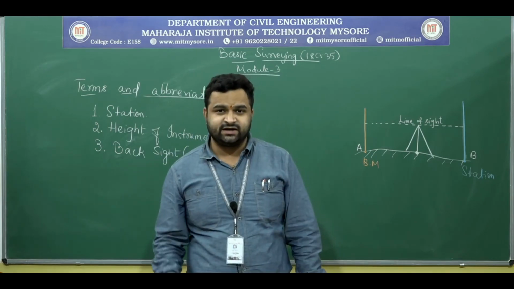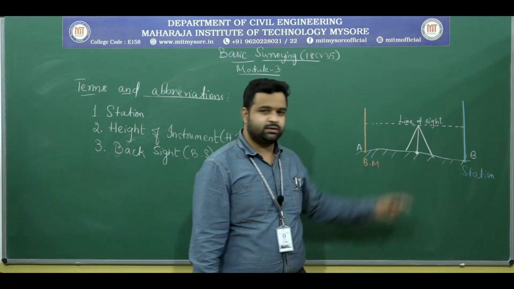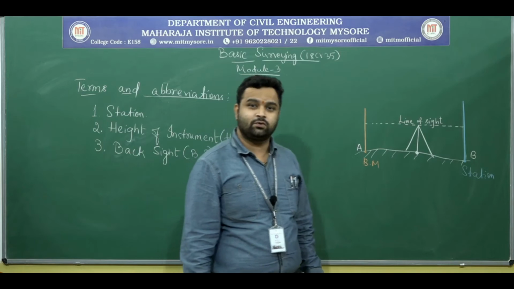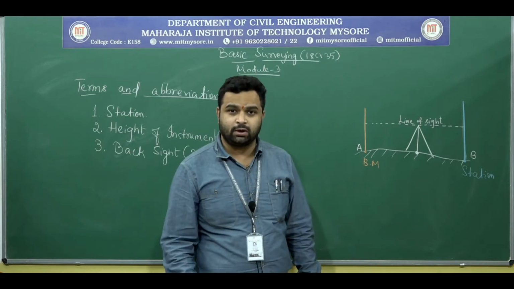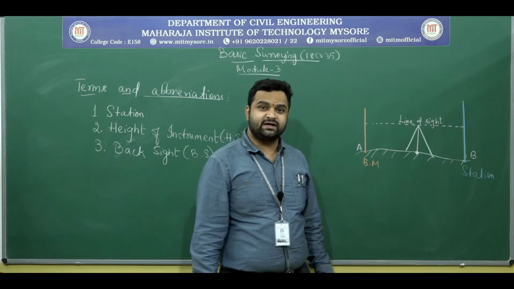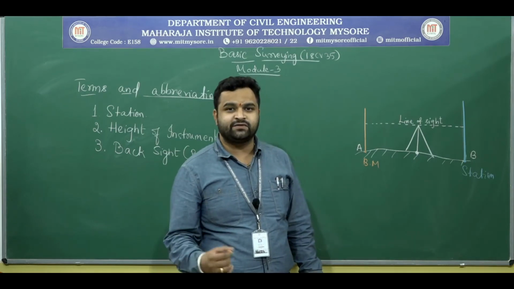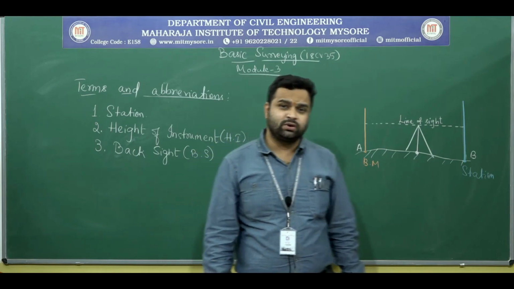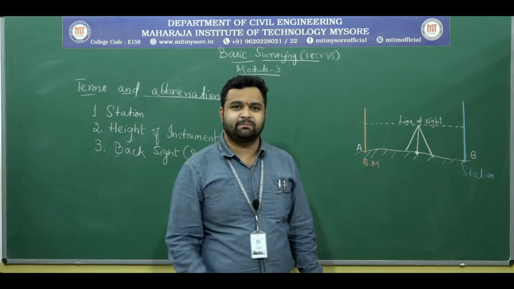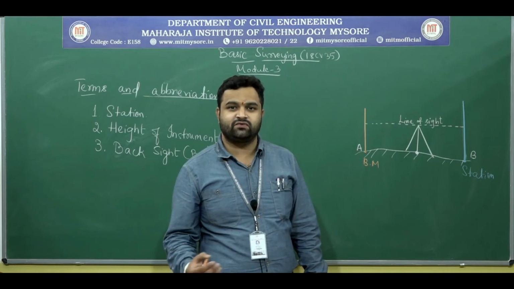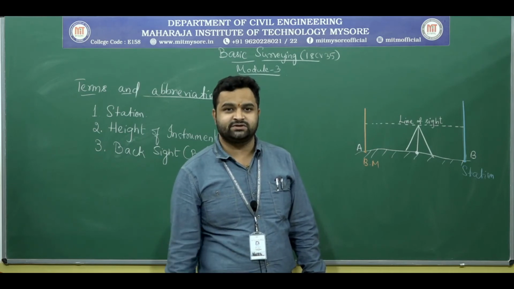Back sight is the sight taken on a rod held at a point of known elevation, to ascertain the amount by which the line of sight is above that point, and thus to obtain the height of the instrument. It is also known as plus sight, as the back sight reading is always added to the level of datum to get the height of the instrument.